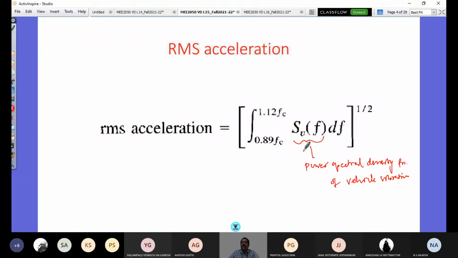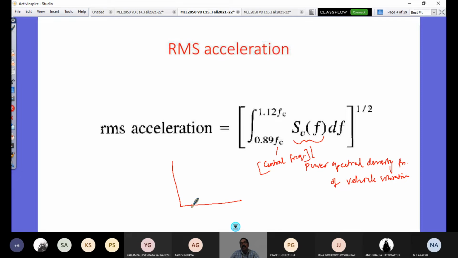So what is this power spectral density function? How do you get that? Let's understand. If you know the power spectral density of your vehicle vibration, you integrate it, where fc is what is called the central frequency. In one of the classes, in the beginning of module 1, I was telling you that instead of representing the variation of frequency on your horizontal axis as an absolute value, if you represent it by its octave band, that's always good.